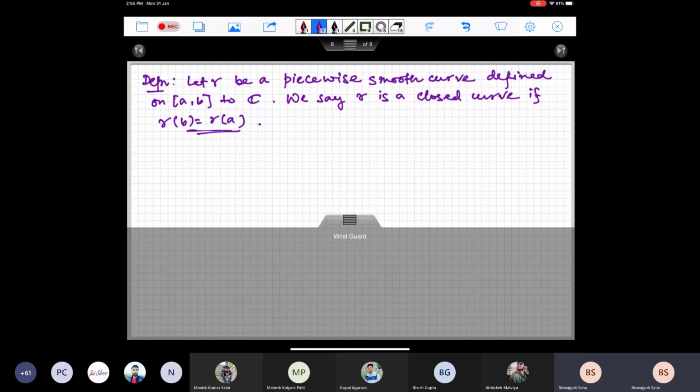Many times I am going to work with closed curves for which I want to use the definition of integral or the formula for integral, so I need piecewise smooth. So that I don't have to write too much, the definition of closed curves I am giving for piecewise smooth curves only.